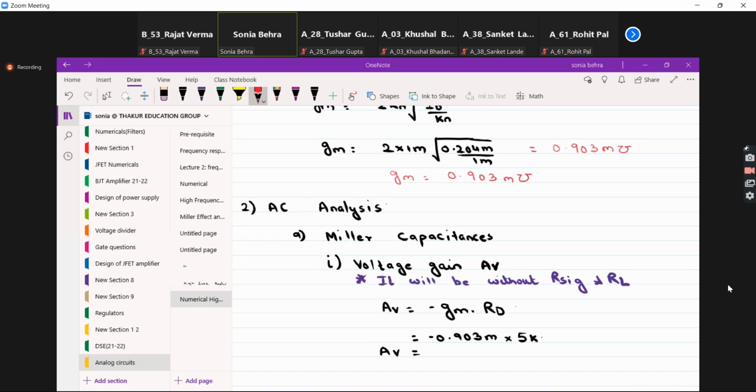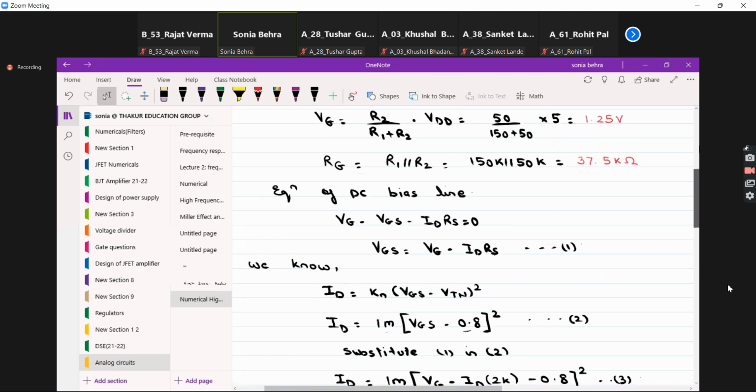Other students? Yes. So the answer which we get is minus 4.515. That is your voltage gain. The first thing which we found out for your Miller capacitance.